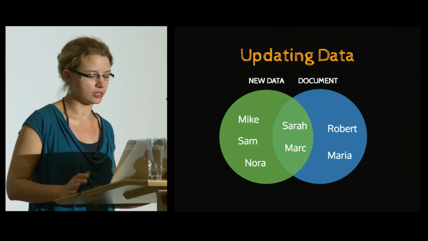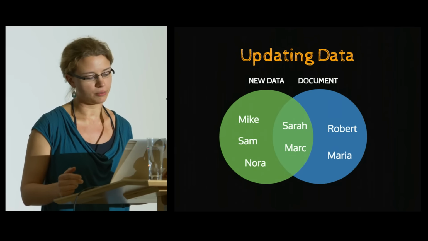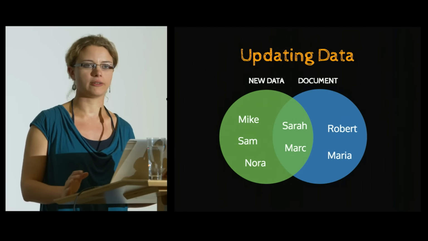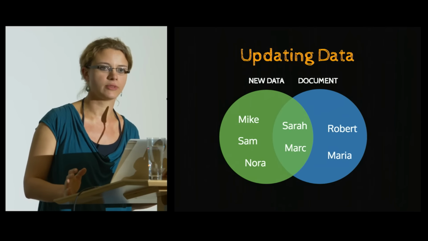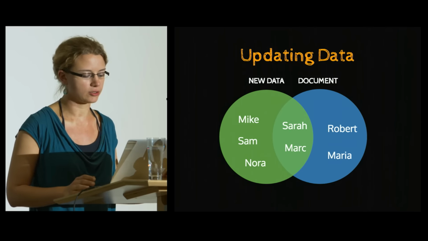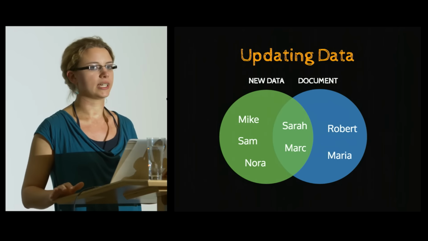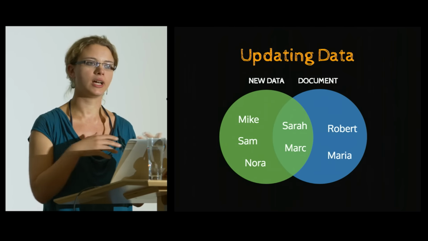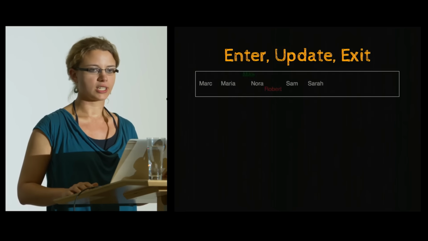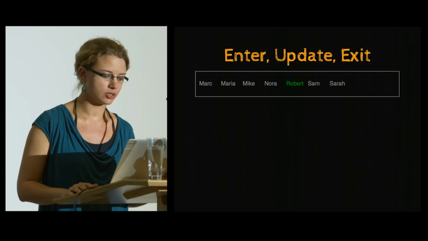It will automatically know, okay, Mike, Sam, and Nora are new nodes, I haven't seen them before, that's new data. Sarah and Mark, I know them, they have been there before. And Robert and Maria, sorry, they dropped out. So you can get those sets and define for every set what you want to do with this. In the presentation, okay, so here we have a little animation example of how this can help.